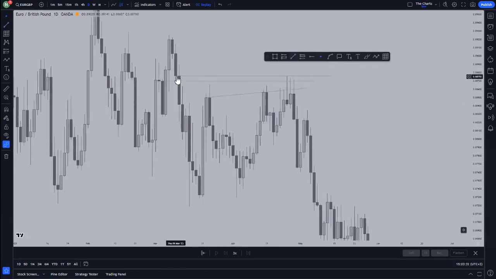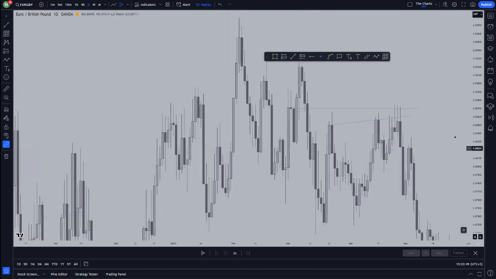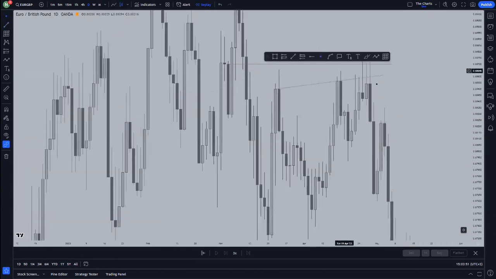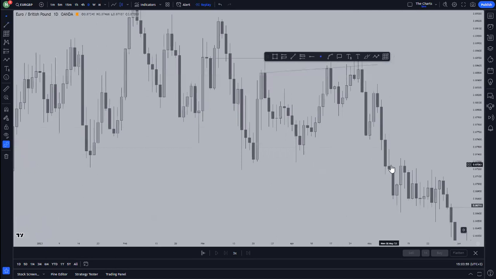As you can see, the market does respect these ones, even though they do not have engulfing candlesticks. But just know that there is a chance the market is not going to respect them. You can use it as a confluence, but be aware that sometimes the market might not even react from them because they do not have the engulfing candlesticks.